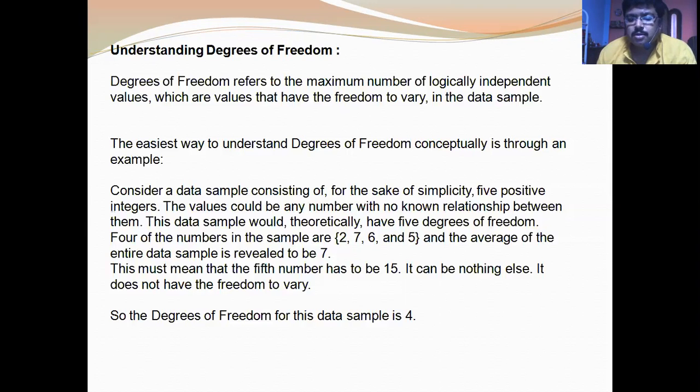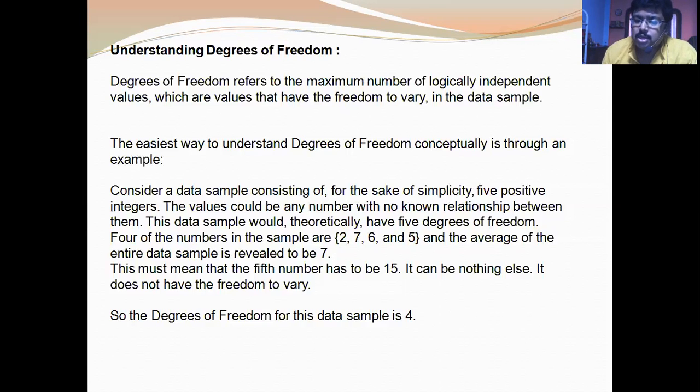Now, with a simple example, I try to clarify the concept. Suppose there are five positive integers, and among these five integers, four are known.